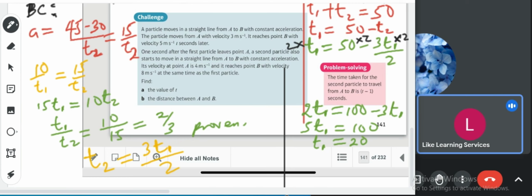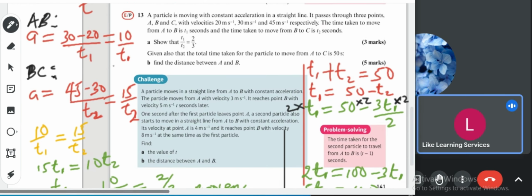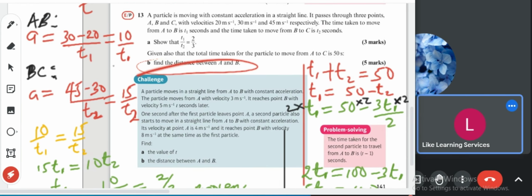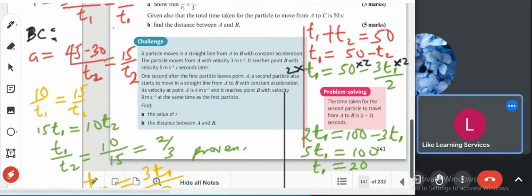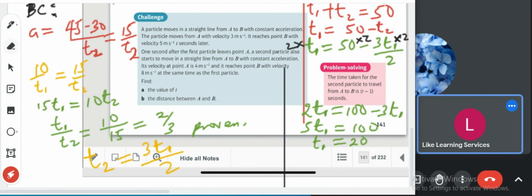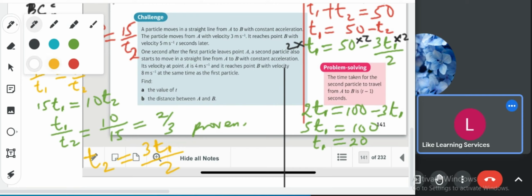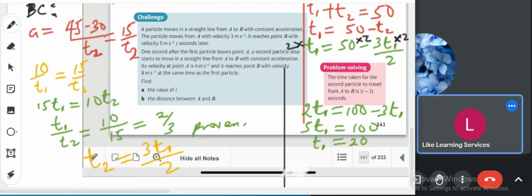So we found T1. We can go ahead and find the distance. The question says find the distance. Which equation can you use, and what do you have given?